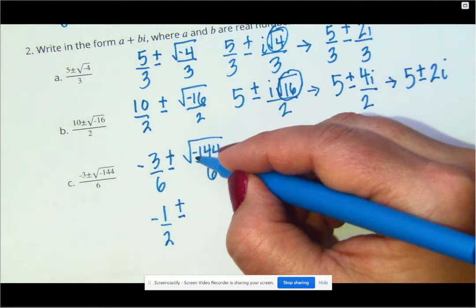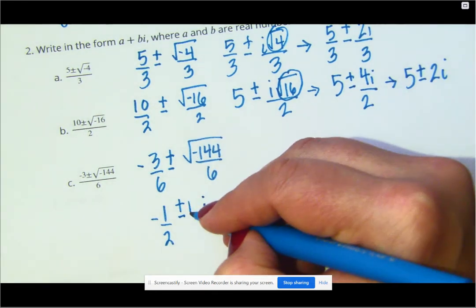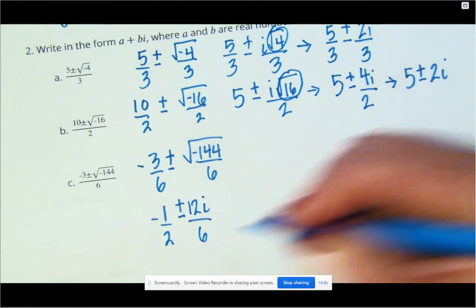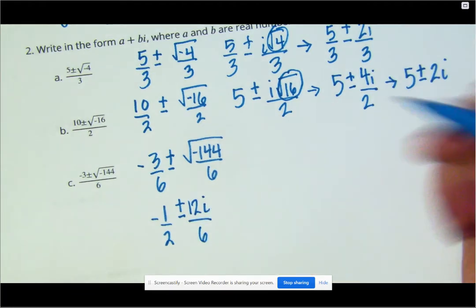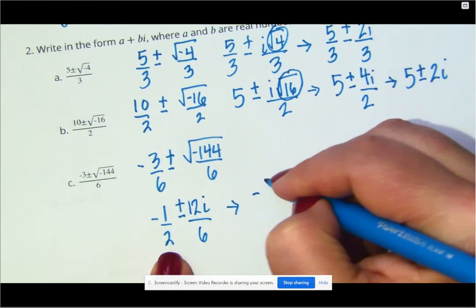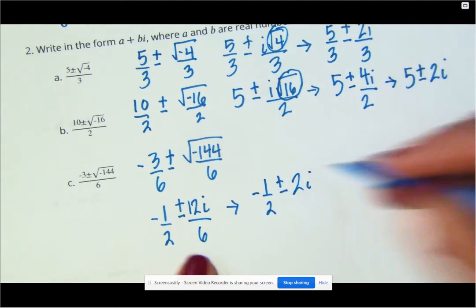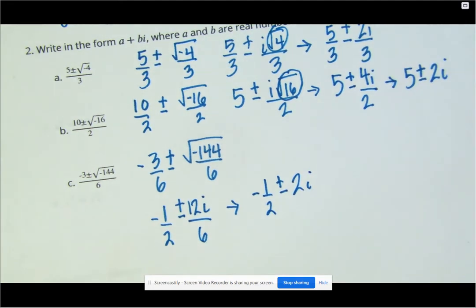What comes out for the negative? i. And what's the square root of 144? 12 all over 6. You can do it in steps if you want. Now take a look at this. We've already reduced that, but this one, 12 divided by 6, 2i. And you could write 1/2 as 0.5 if you wanted. Okay?